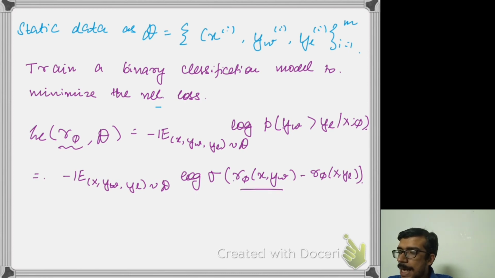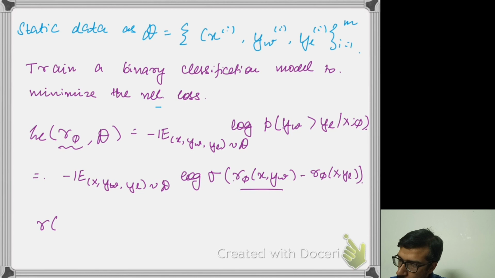Okay. And now how do you choose a network for these reward models? So essentially you can consider the same transformer model as you had for your supervised fine-tuned language model. And in fact, you can even have the same parameters, except that maybe you can add an initial linear layer to produce the reward scores. Okay.